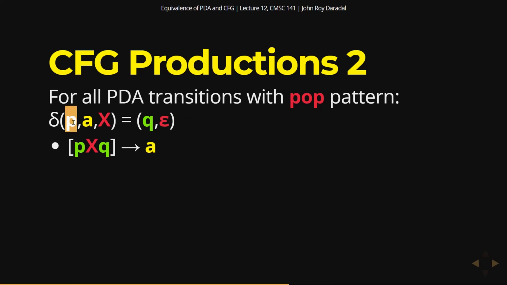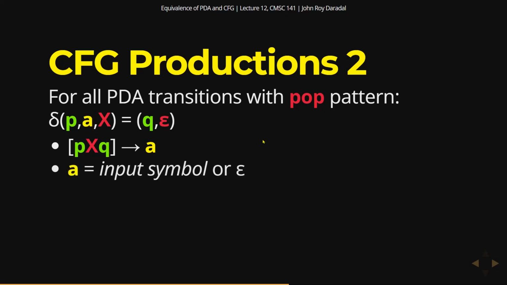P is here, X is here, Q is here, so that forms the PXQ variable, and then on the right hand side we have the terminal A. Okay, or the terminal which made this transition possible.